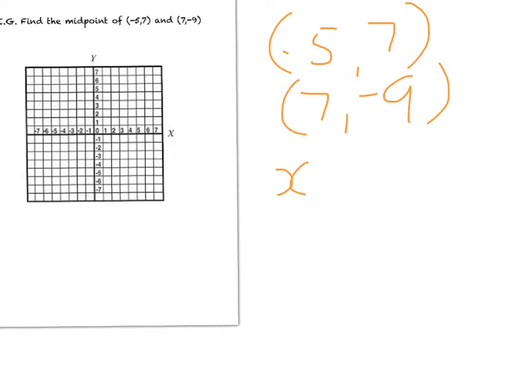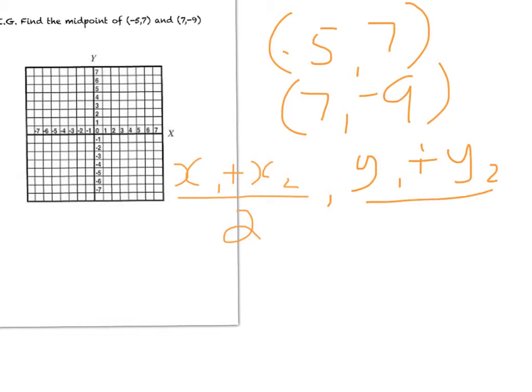Let's just say x1 plus x2, the sum of x, divided by 2, because there's 2 points. x1 plus x2 divided by 2 will give us the middle of the x coordinates. Same thing again for our y. Let's put a comma there. y1 plus y2 all over 2, because there's 2 points, gives us the middle point for our y coordinates.